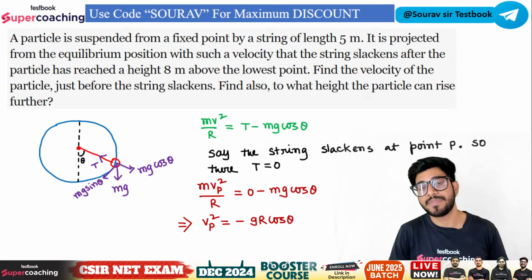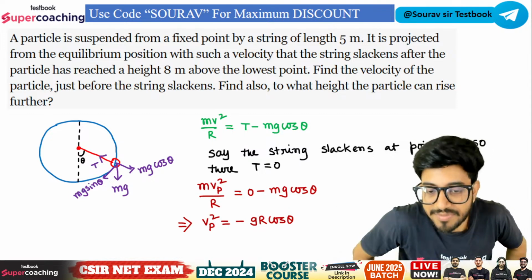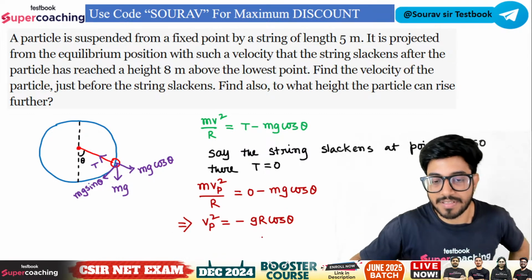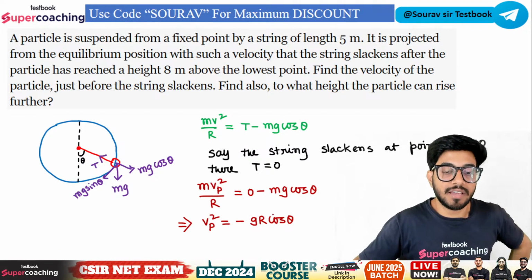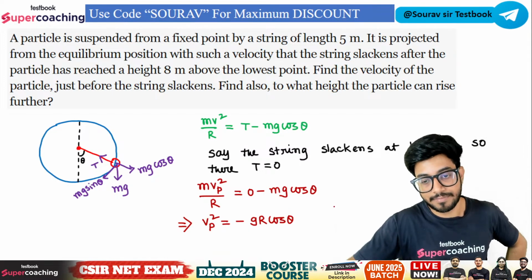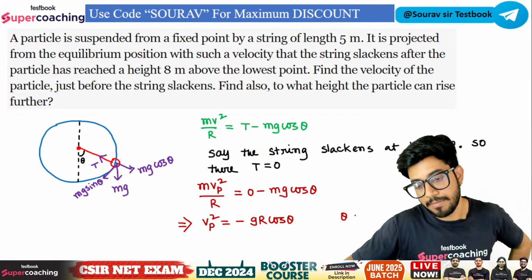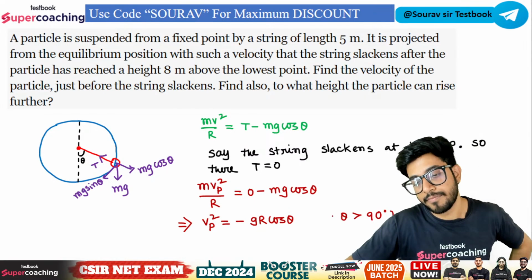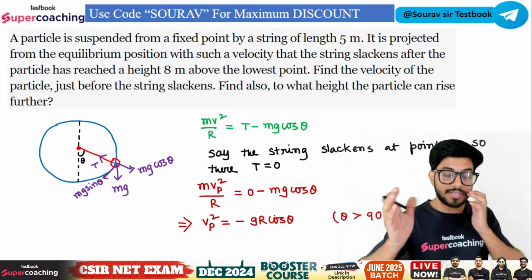That means theta has to be greater than 90. Otherwise, this wouldn't be positive. Vp square has to be positive, so theta has to be greater than 90. Now tell me, how can you write the value of theta? At what angle will it slack? Theta must be greater than 90. So after that, the string will slack.